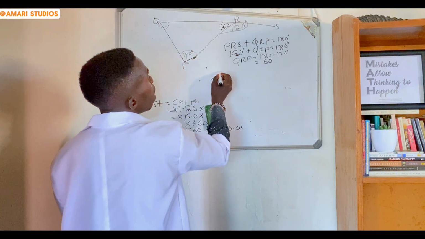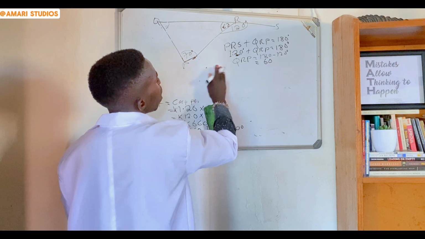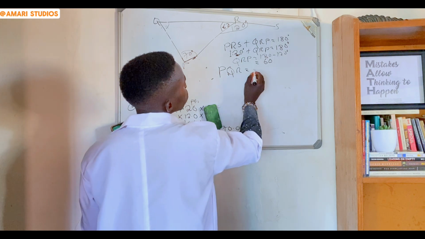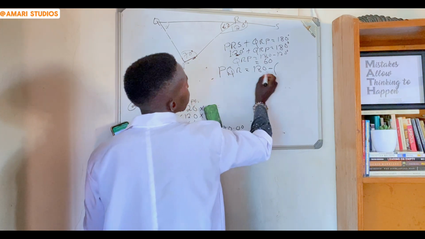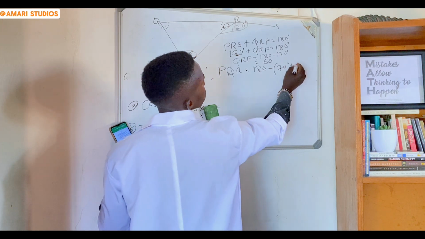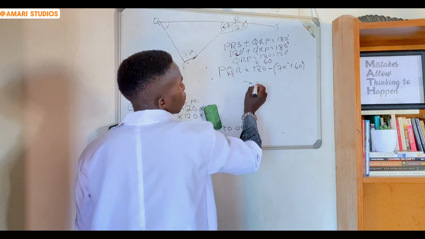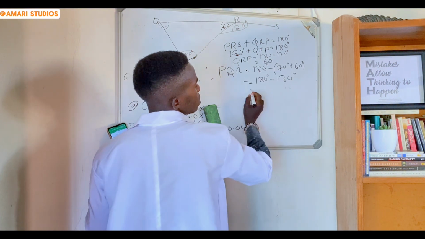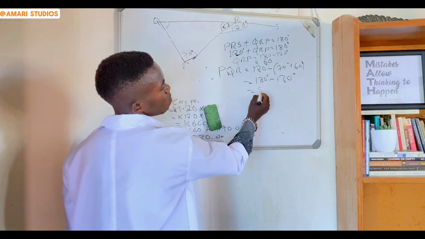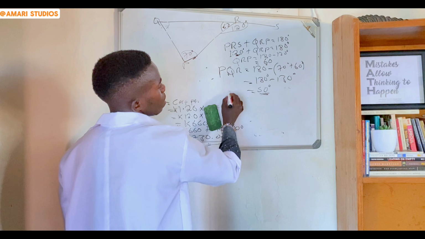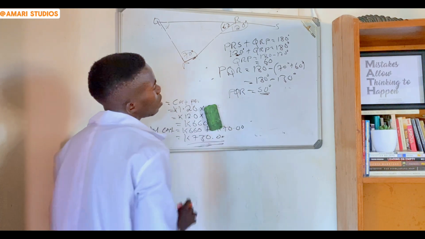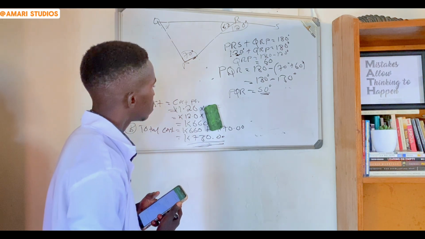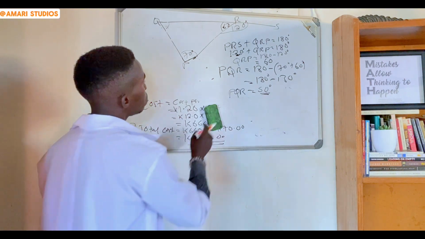Therefore angle PQR is equal to 180 degrees minus (70 degrees plus 60 degrees), which is 180 degrees minus 130 degrees. Therefore your final answer is 50 degrees. So the angle at Q is actually 50 degrees, and that is your final answer. We move on to the next question.